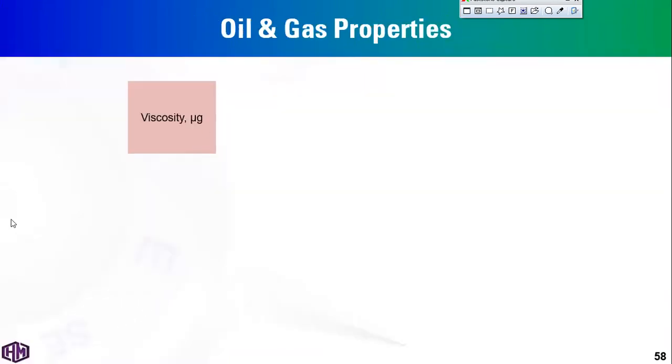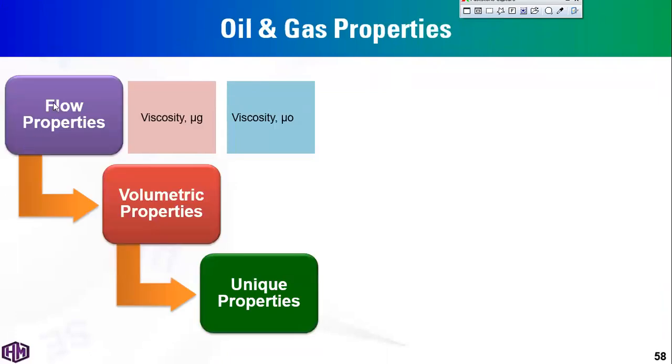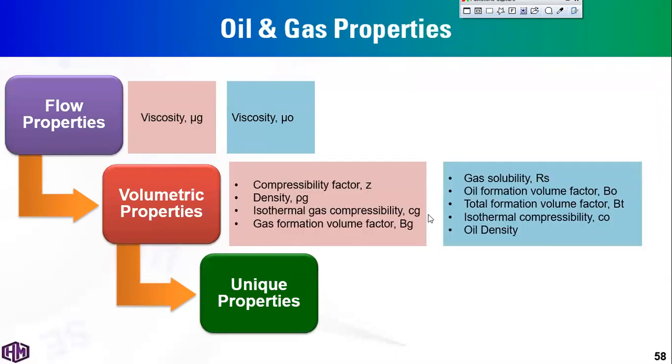So oil and gas properties, we may have some flow properties like viscosity for the oil or gas, and volumetric properties for the oil system. Oil formation volume factor is very important and very critical, specifically for volumetric calculations and reserve estimation. Also solution gas oil ratio, total formation volume factor, and oil density.